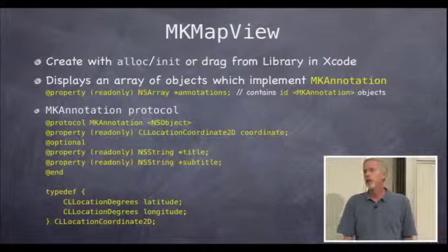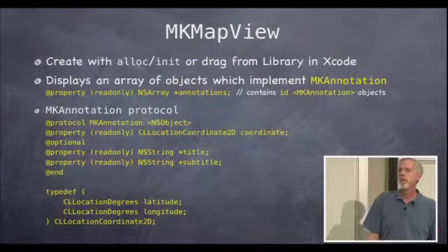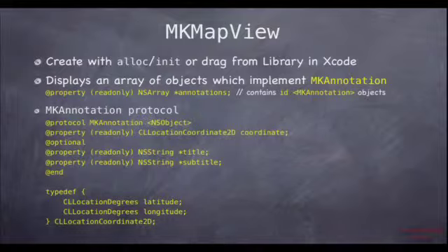Does it actually force you to make each object you put in that array implement that protocol, or is there a way to say all the objects in this array implement this protocol? Well, the question is, does the compiler or something force you to make this array contain id<MKAnnotation>? And the answer is no. Remember that NSArrays just contain ids, right?